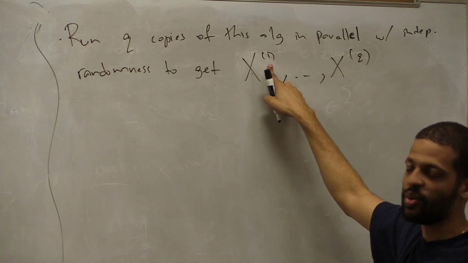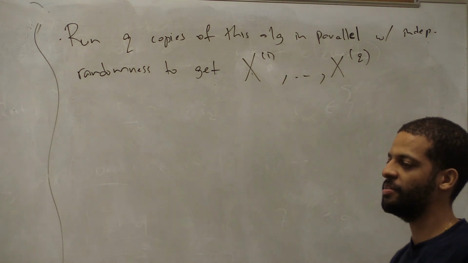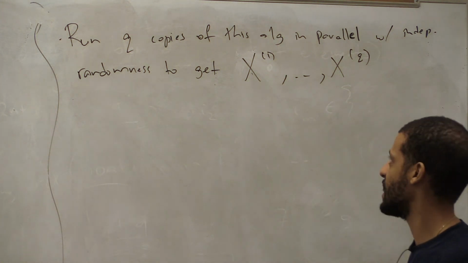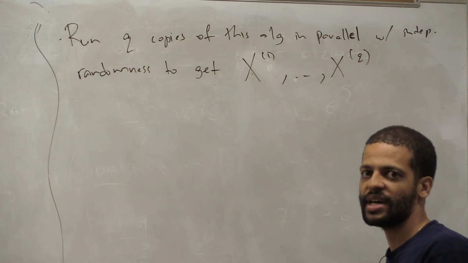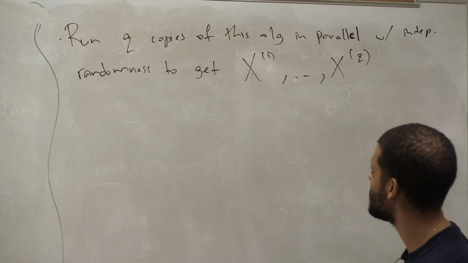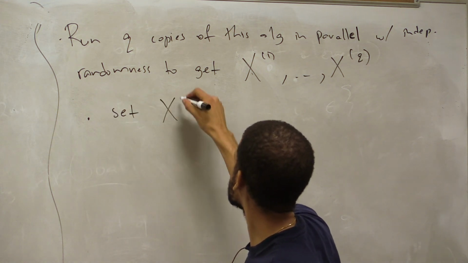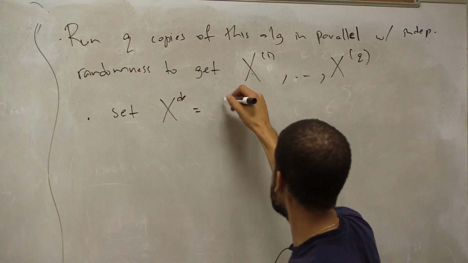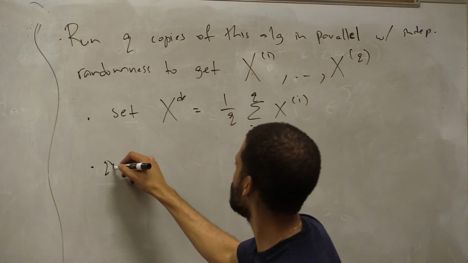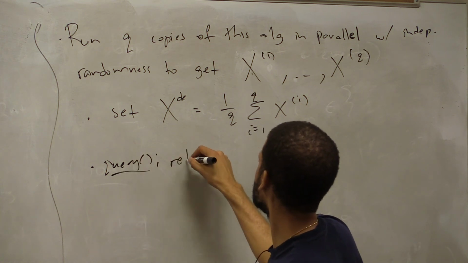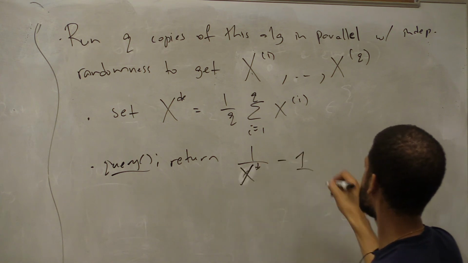So this x1 is like in the first parallel run of the algorithm, the min of all those function evaluations. x2 is in the second parallel run of the algorithm, the min of all those function evaluations, etc. And then we'll set x star to be the average of these, 1 over q times the sum of xi, i goes from 1 to q. And then query will return 1 over x star minus 1.